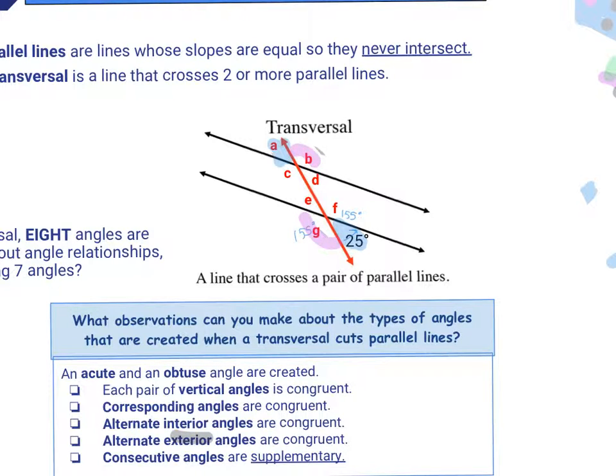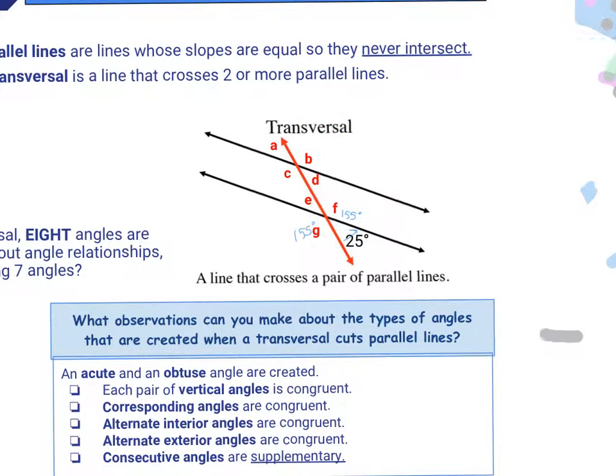Angle B and angle G are alternate exterior, and they are also congruent. So angle A is congruent to 25 degrees, and because G is 155, since they are supplementary, then B is also 155.